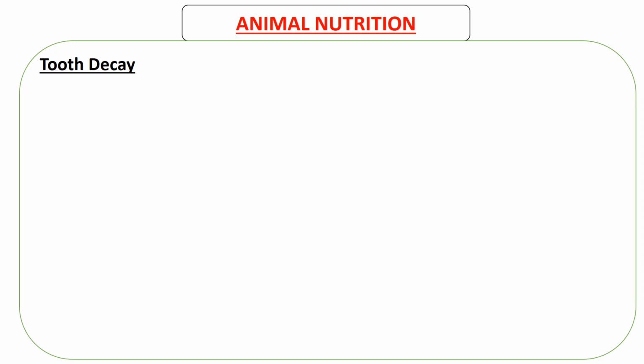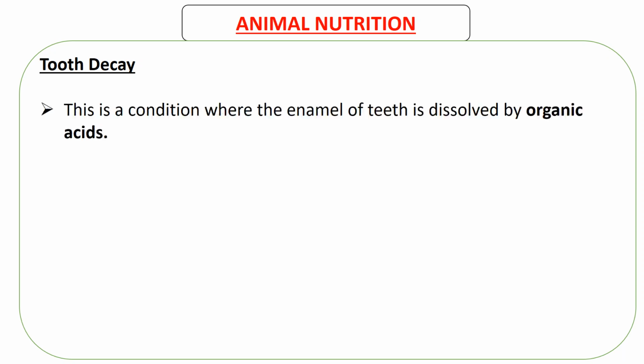Finally, we end this discussion by looking at tooth decay, which is very important. This is the condition where the enamel of teeth is dissolved by organic acids. Remember, I talked about acids dissolving the enamel. So if you put a type of acid which is classified as organic, it is going to dissolve the enamel.